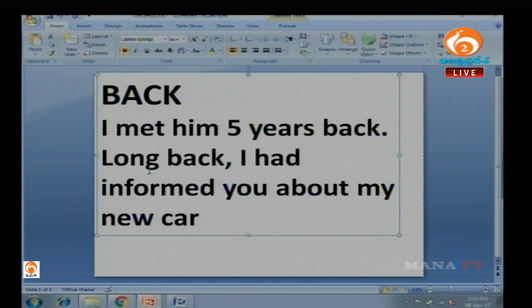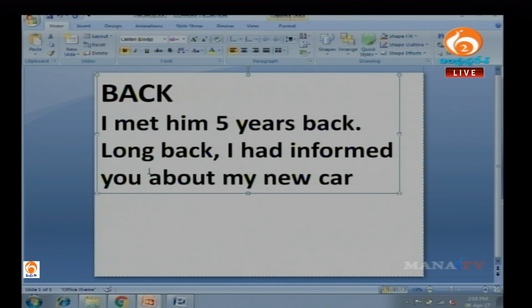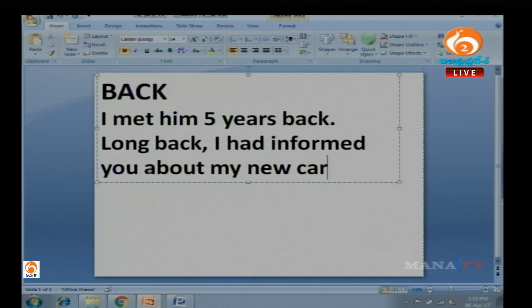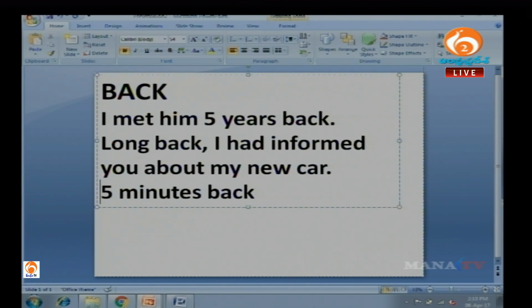I met him 5 years back. Long back I had informed you about my new car. I came 5 minutes back. All these are incorrect. What do we mean by back?